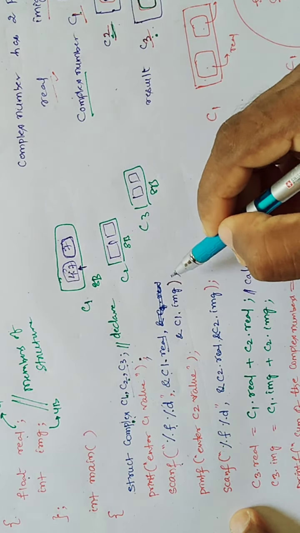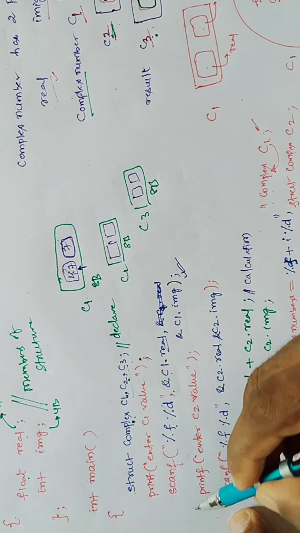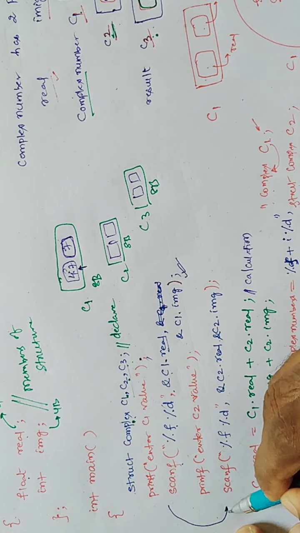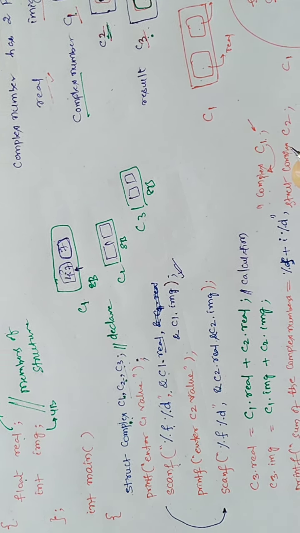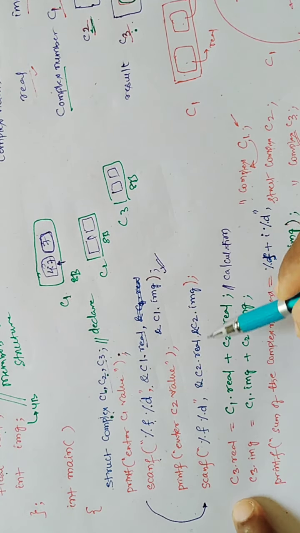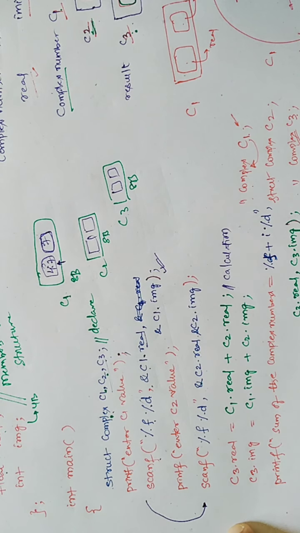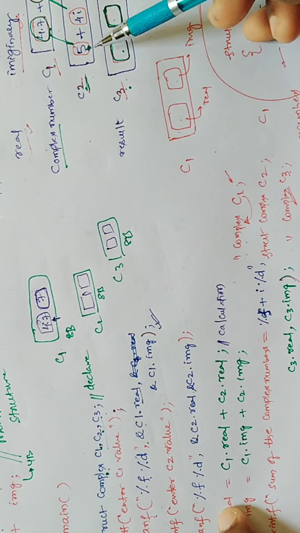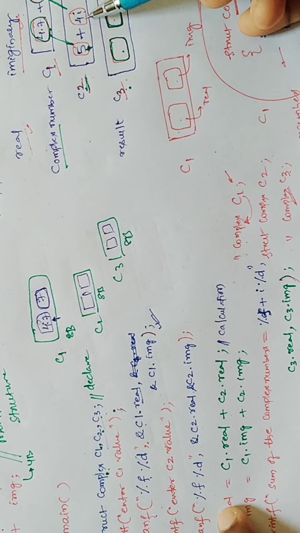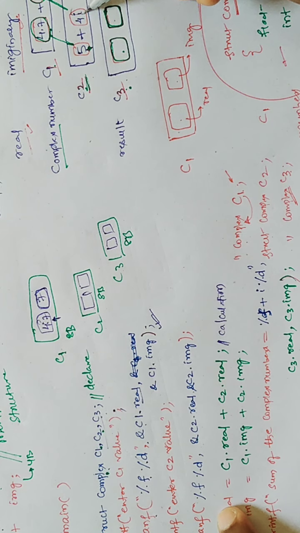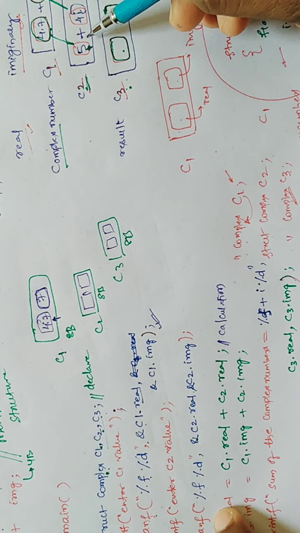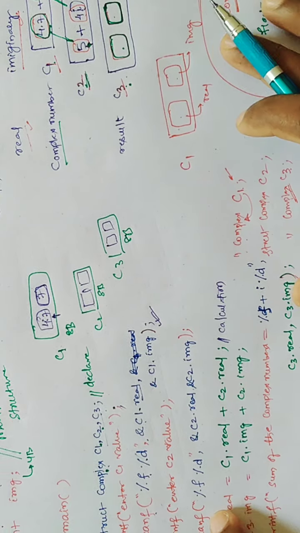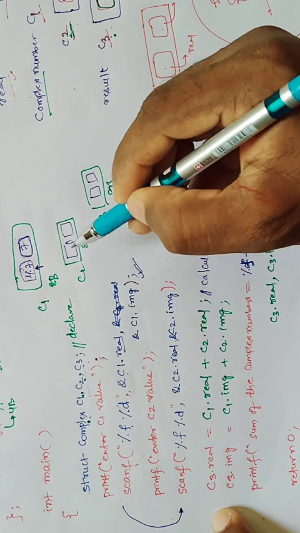Same way, if I want to take the C2 value also, I want to read 5 plus 4i. Of course you cannot read this, but this is an illustration. We just assume the numbers will be like 4i, but actually we won't provide i, we just provide 5 comma 4.